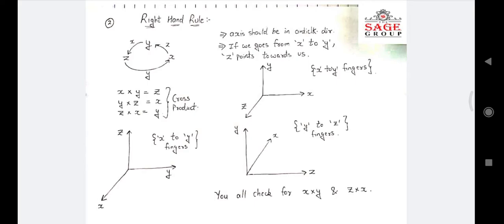We have seen many examples, and I also gave you the assignment of x cross y and z cross x. Hope you all have checked it by using the right hand rule concept.